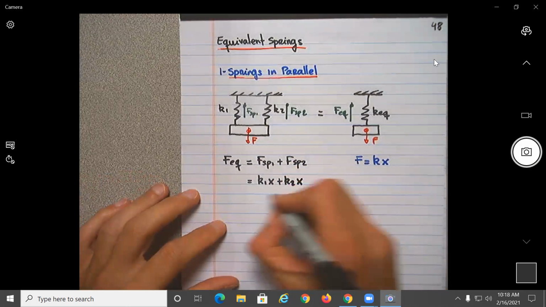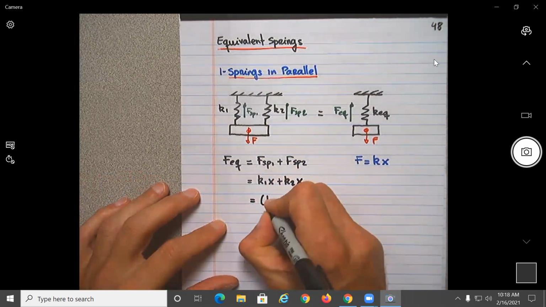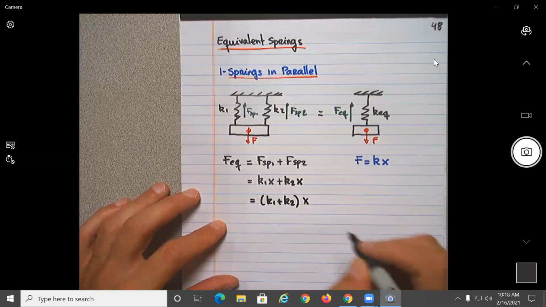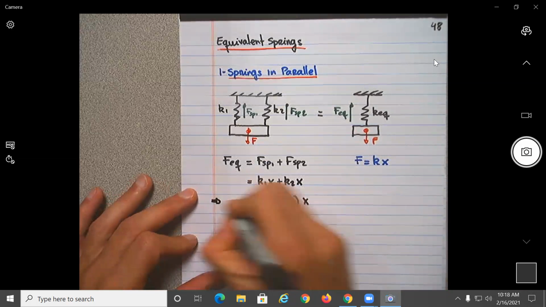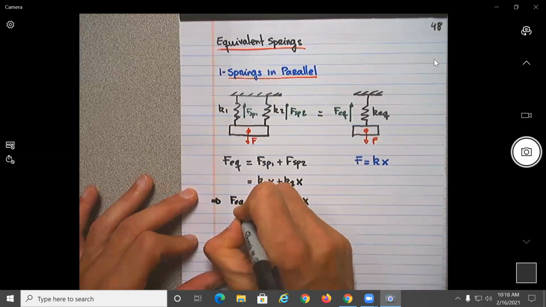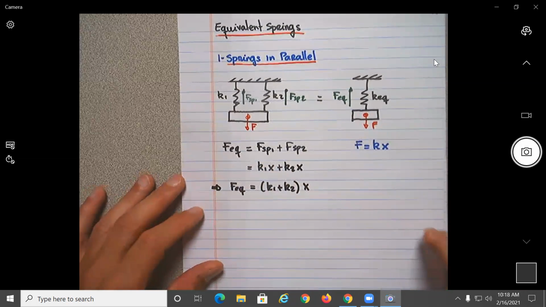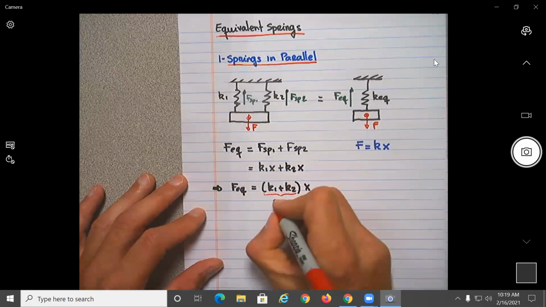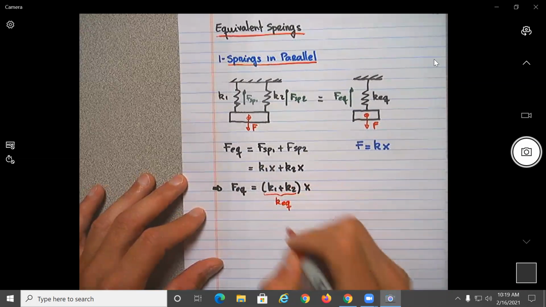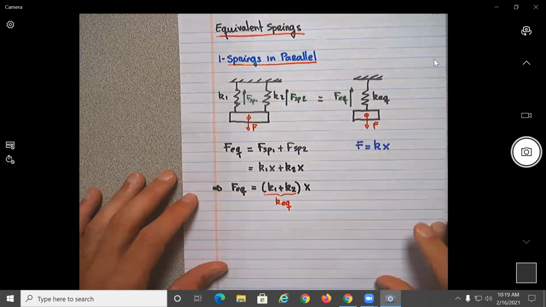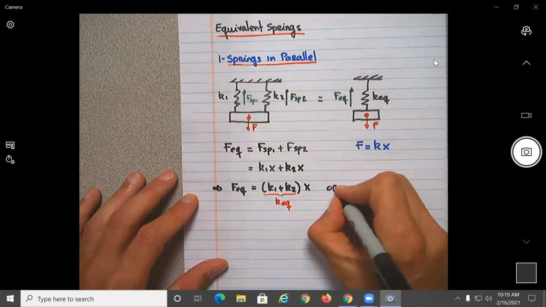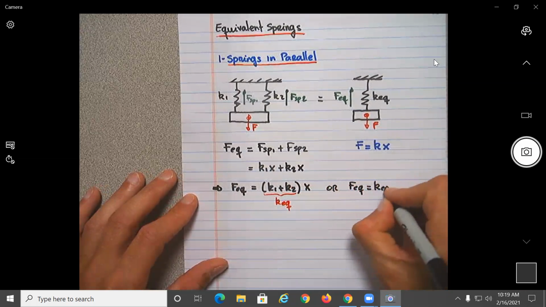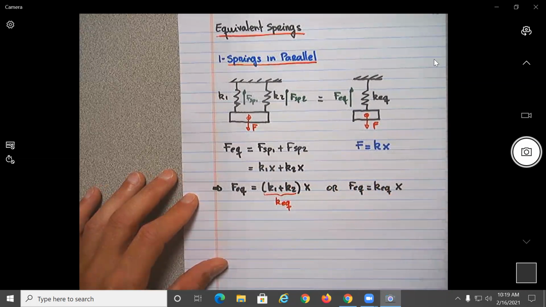So this should be equal to what? K1 plus K2 times x. So that means that F equivalent is equal to this. And what would this be then? This will be your K equivalent. Okay, or F equivalent would be equal to K equivalent x.